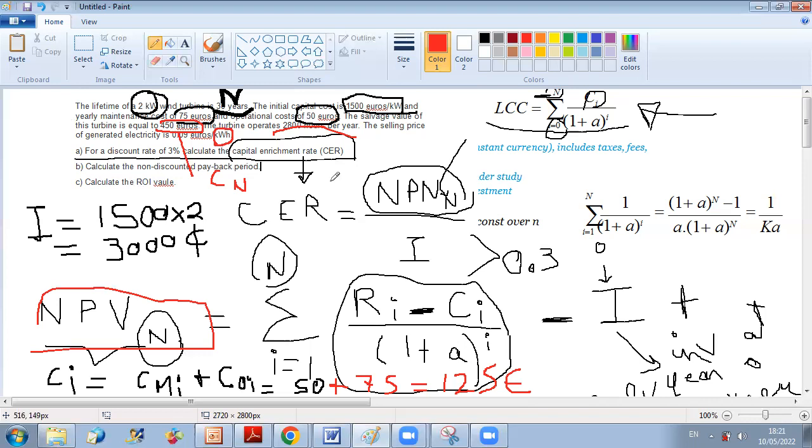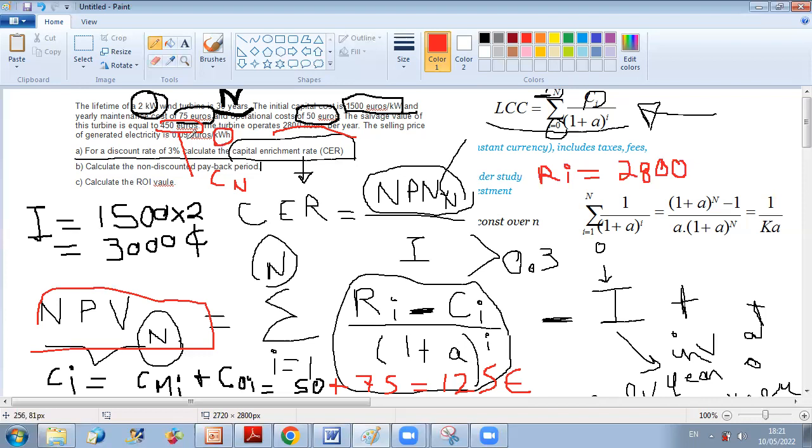So the next step is to calculate, as we said, the income per year. Since we are doing the analysis here, when we do the summation, we consider the cost per year and the income per year. So the income per year, RI, is equal to the number of kilowatt hours, which is 2,800, times the selling price of 0.09 euros per kilowatt hour.